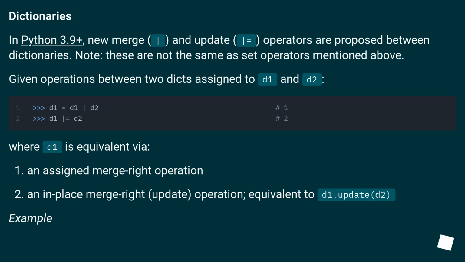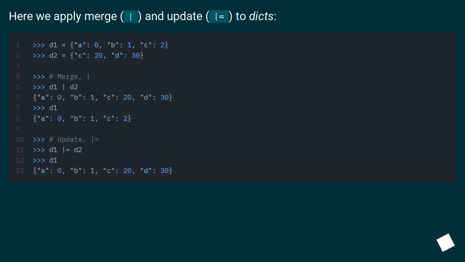Given operations between two dicts assigned to d1 and d2, where d1 is equivalent via an assigned merge right operation, or an in-place merge right update operation, equivalent to d1.update(d2). Example: here we apply merge, vertical bar, and update, vertical bar equals, to dicts.